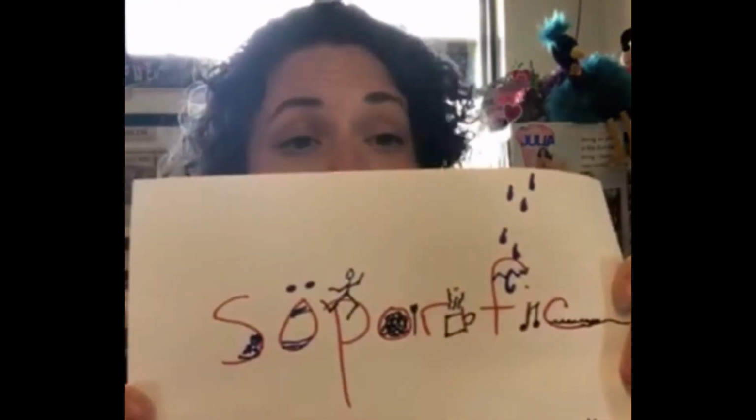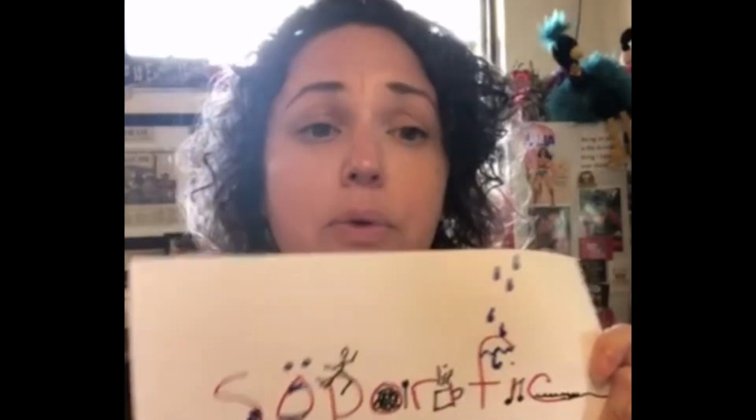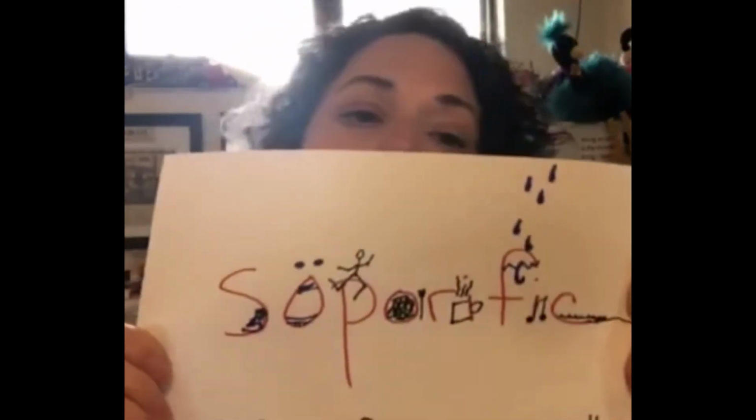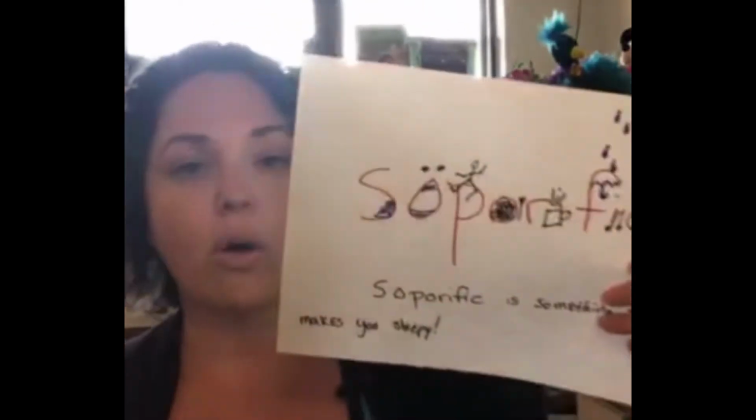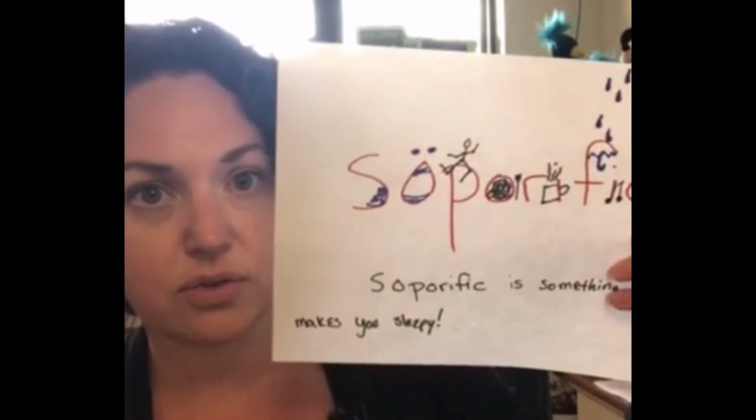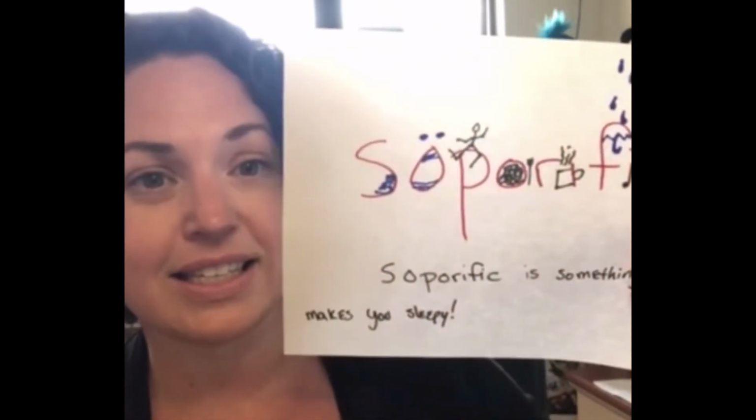So when you introduce a new vocabulary word, spend some time thinking about how you can turn that word into a piece of art dealing with the meaning behind that word and building that personal connection. Now, like you saw in soporific, every letter doesn't have to have a picture. Two letters can be combined into one picture. Three letters could be combined into one picture. The whole point here is just to build those connections for our students so that it makes sense to them.